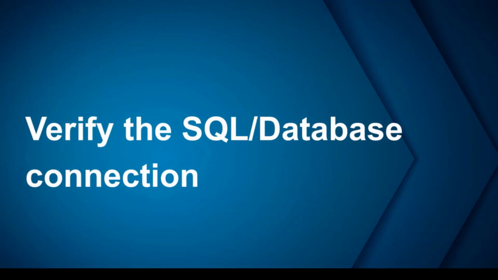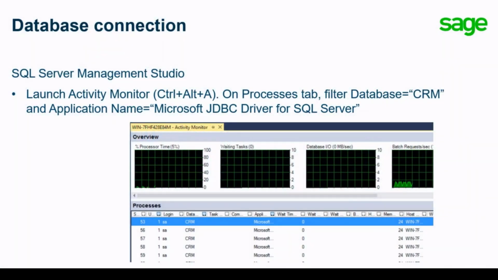Okay, the next thing we can do now, we made sure that the logs are all fine and that our Tomcat is running on the correct port, and we know the Tomcat's running because it started and it's got a process ID. We can verify SQL database connections. So as I mentioned before, Tomcat is a service on its own, which means it's got its own database connection.